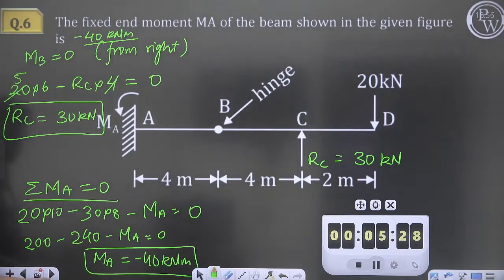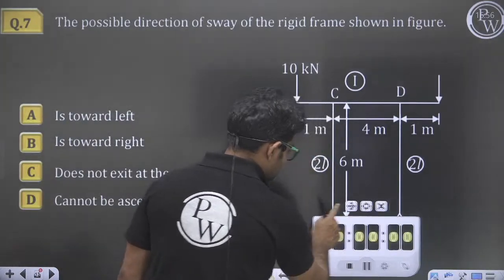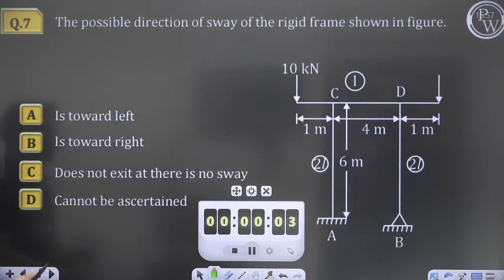Let's move on to the next question. Okay, this is a very easy question. I think all of you will be able to do it. Very easy question. So try it yourself. I will give you 1 minute only.